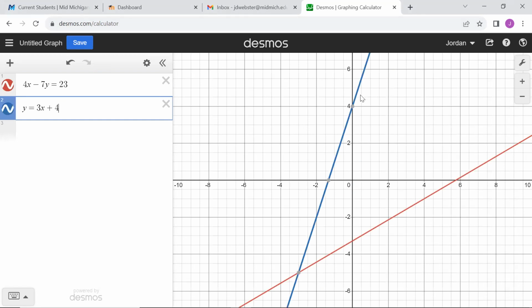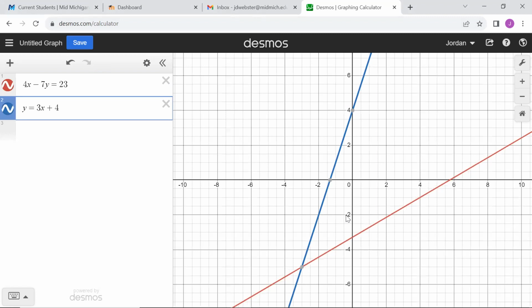And now I have two lines. Now, I have to go find where the two lines intersect. Desmos is nice in that they kind of highlight that.